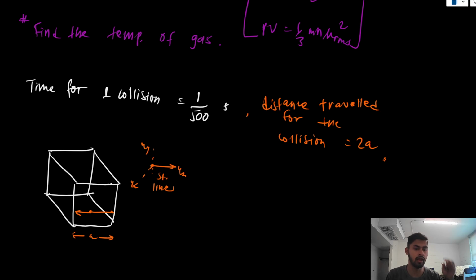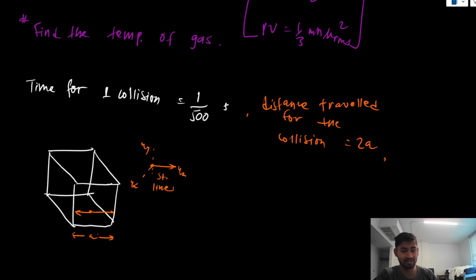How we define collision in physics problems is, since it's an elastic collision, after colliding with this wall and then colliding with the other wall, and then coming back to the initial position, the total distance traveled would be the distance traveled for the collision, and the time would be the time for collision.